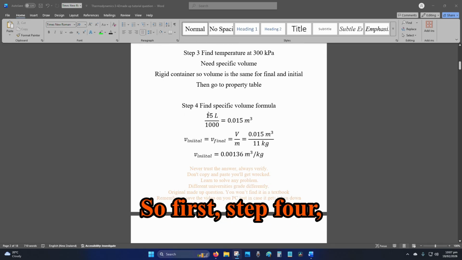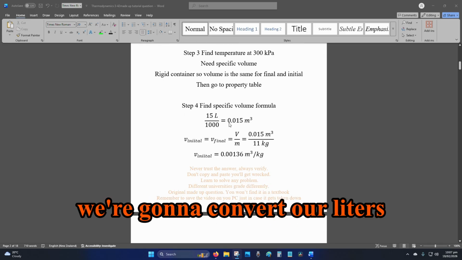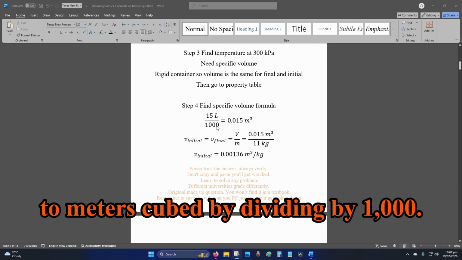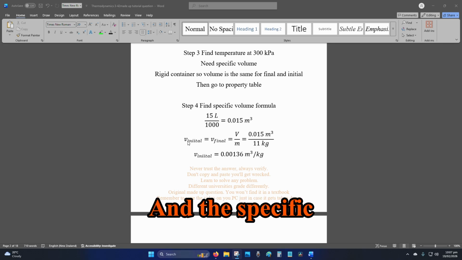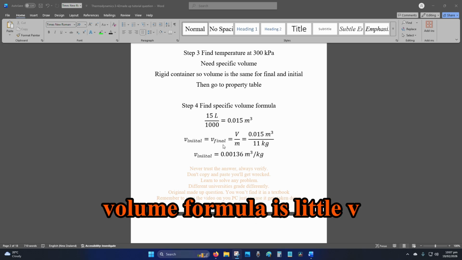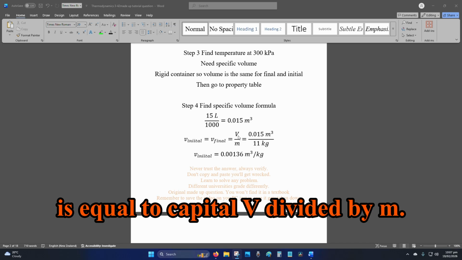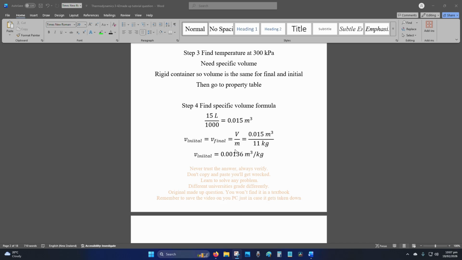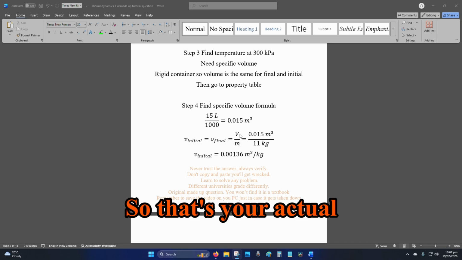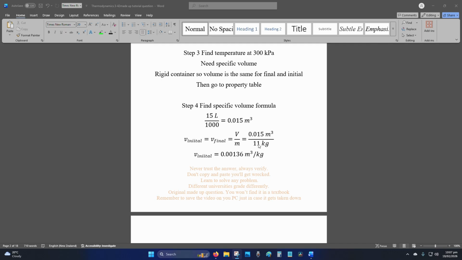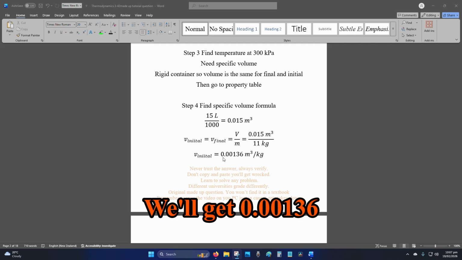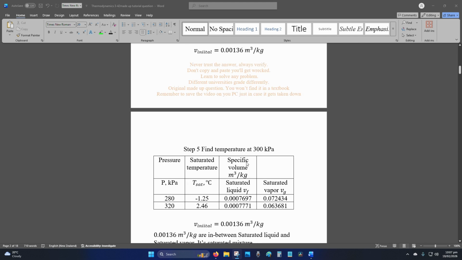So first, step 4, we're going to convert our liters to meters cubed by dividing by 1,000. And the specific volume formula is little v is equal to capital V divided by m. So that's your actual volume divided by mass. We'll get 0.00136 meters cubed per kilogram.